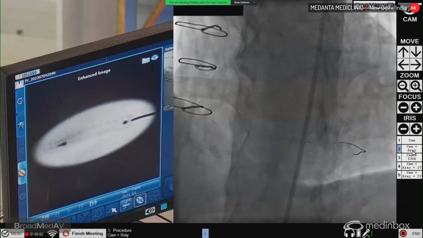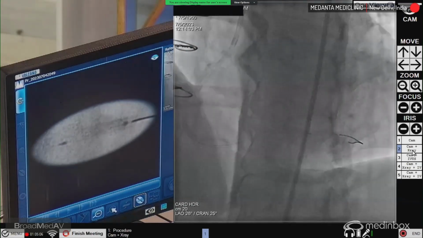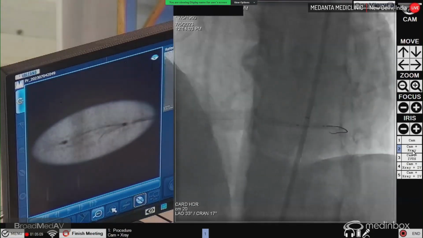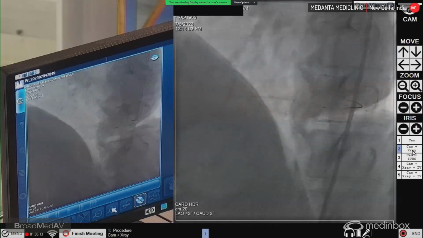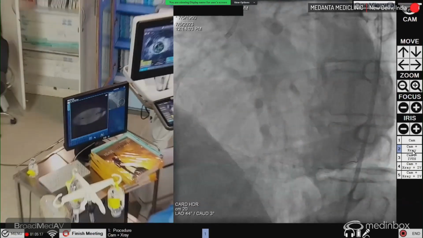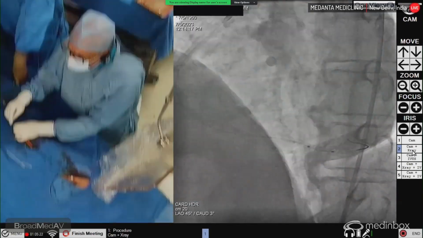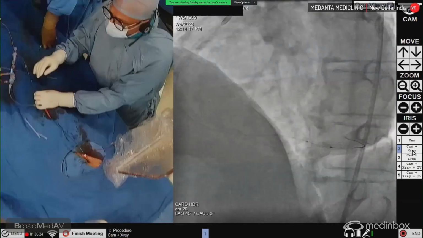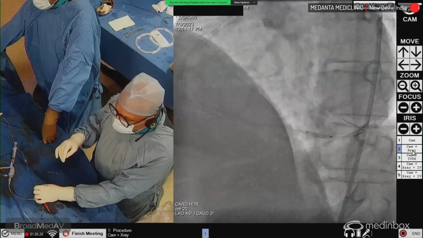So can you move this thing a little bit so that I can see the stent well? Plain LEO, please. Yeah. No, I cannot. Okay. Move it. Okay, go up. 1, 2, 3, 4, 5, 6, 7, 8, 9, 10.